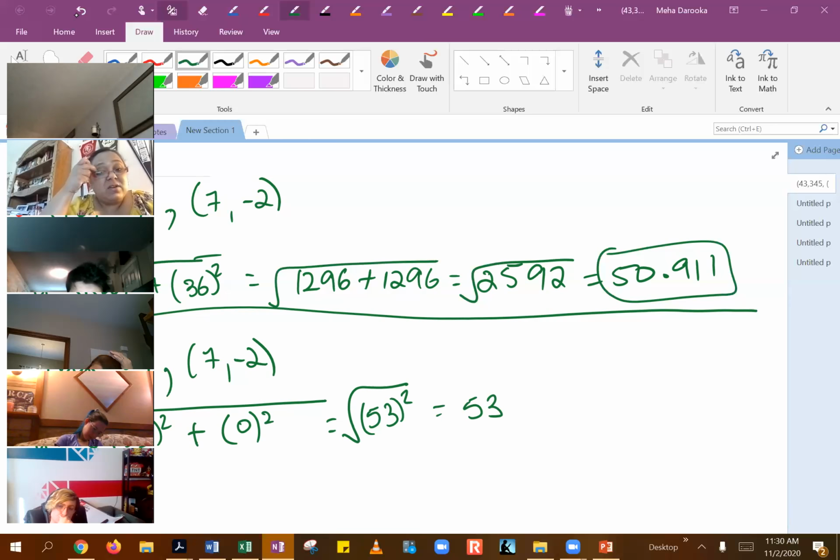And this one here will actually have endless different combinations, because they're telling you the distance can be anything between 50 and 60. So kind of work backwards and say, okay, if I wanted the distance to be 60, then what numbers can I play around with and see what that leads to. So just pick whatever distance you want to play around with and see what ordered pair you come up with.